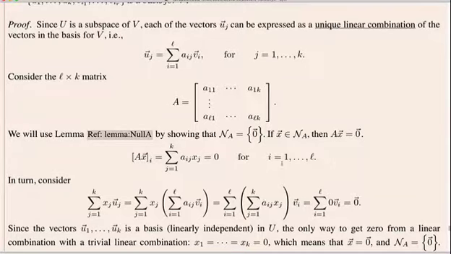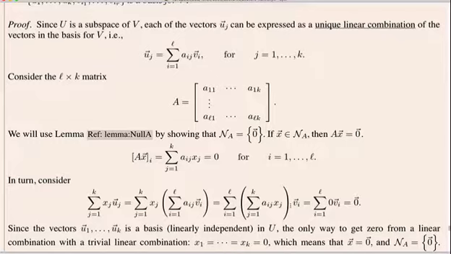Since x is in the null space of A, this coefficient is actually 0 for each Vi, going from 1 to l. That means we are multiplying each vector with the 0 scalar, so the result is the 0 vector. Since the vectors u1, ..., uk form a basis, because they are linearly independent in U, the only way to get the 0 vector as a linear combination is the trivial linear combination, so all these x1, ..., xk coefficients should be 0.